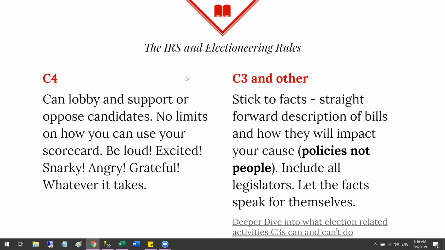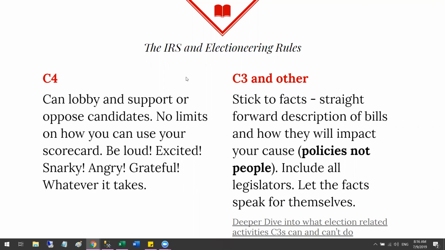A C4 can take a scorecard and use that on the electoral side, and so they can promote candidates based on those scores. So they can play more on the electoral side.